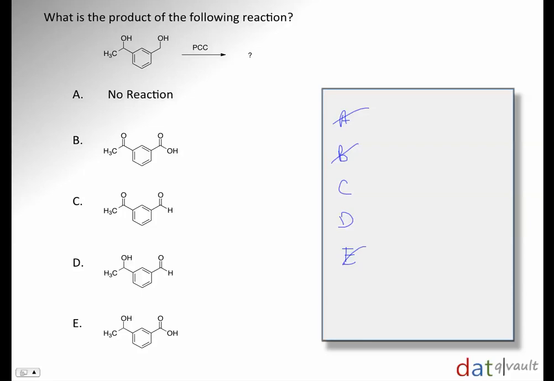So that just leaves us with C and D. The only difference between C and D is that the secondary alcohol is being oxidized in one case and it's not being oxidized in the other case. We know that PCC will, in fact, oxidize secondary alcohols to the corresponding ketones, so that eliminates D as a possible answer, leaving us with C as the answer to this question.